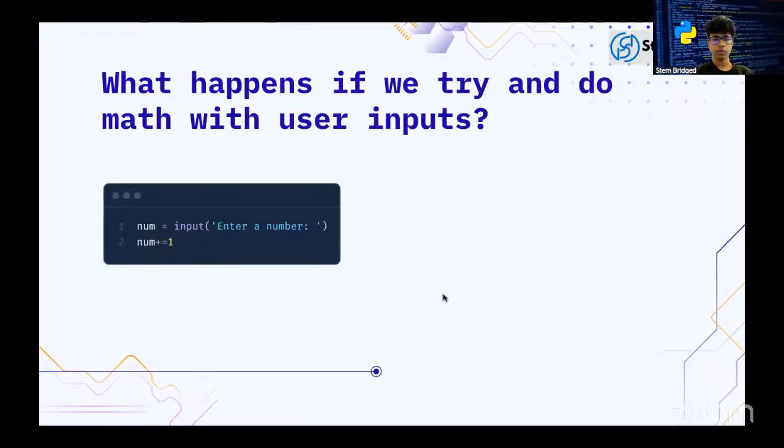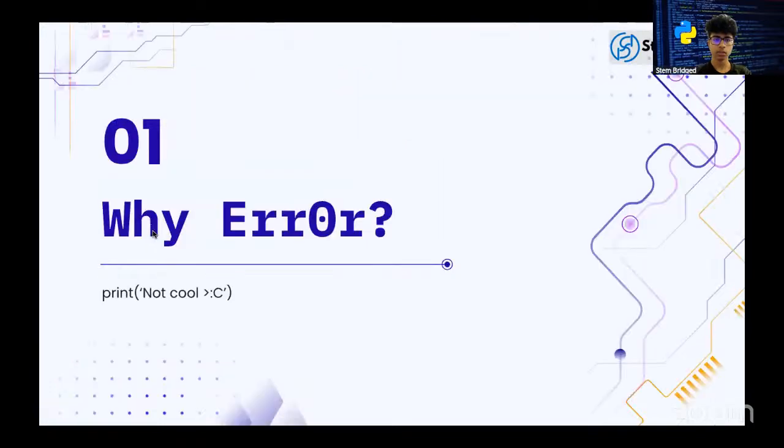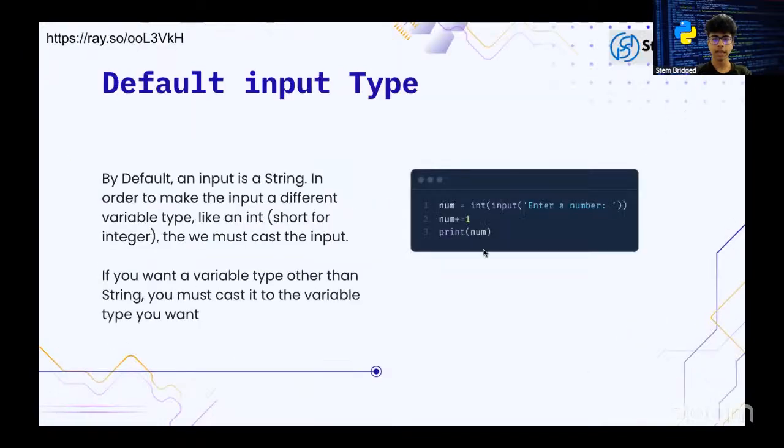What happens if we try to do math with user inputs? So num is equal to input, enter a number, and then num plus equals 1, which basically just adds 1 to the number. It will result in an error because when calling the input function, this is a function, by the way, it returns a string. So you need to convert it into an int.